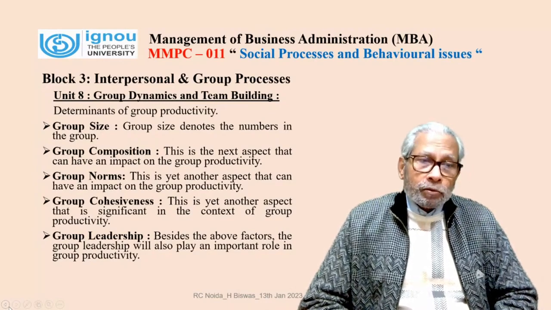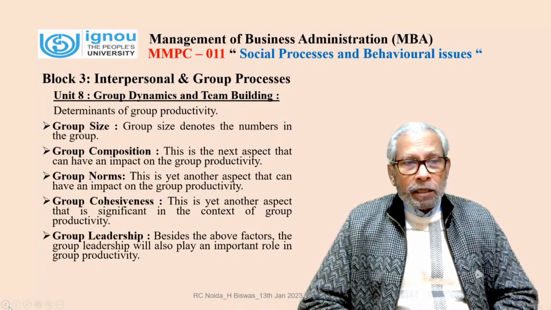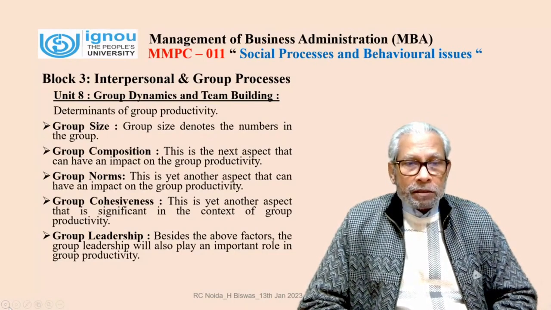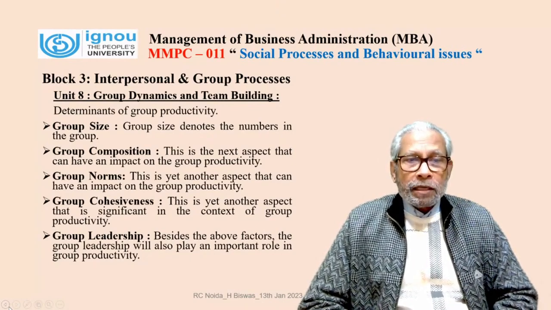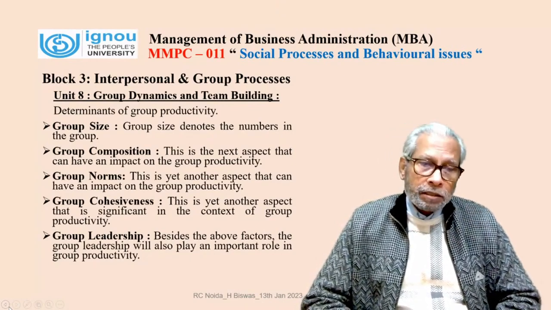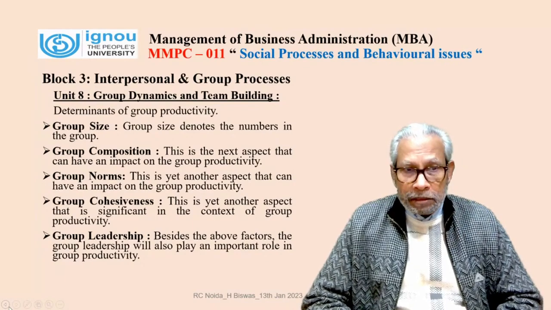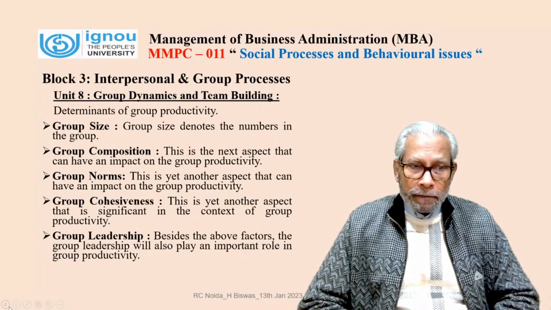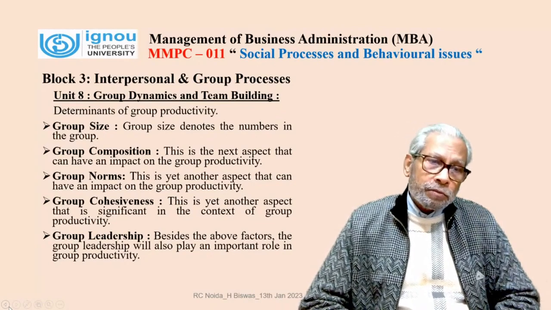Then group norms. This is yet another aspect that can have an impact on group productivity, because norms have to be fixed. In the norms, there are some criteria, some rules, some policies. Then group cohesiveness.